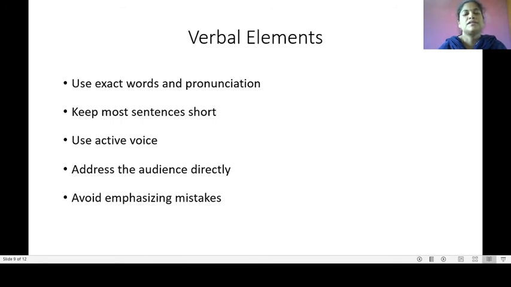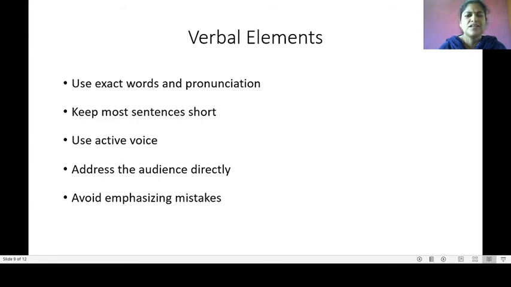We saw till now about the visual elements. What are verbal elements? As I told you earlier, visual is about seeing, verbal is communication. Again, in oral communication, what plays a major role? The language. Not only language, but the way the words are used.